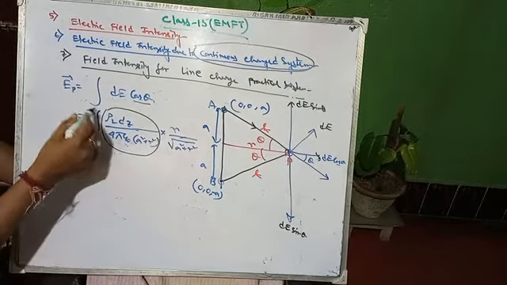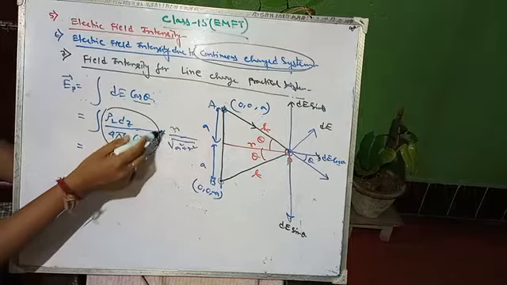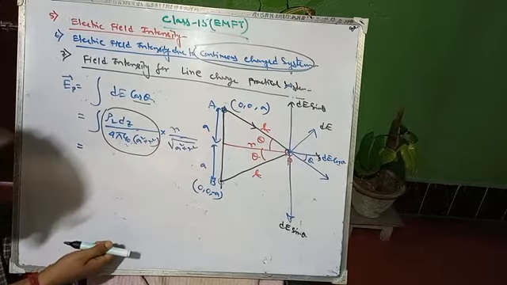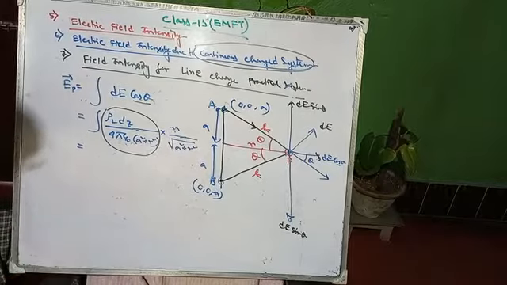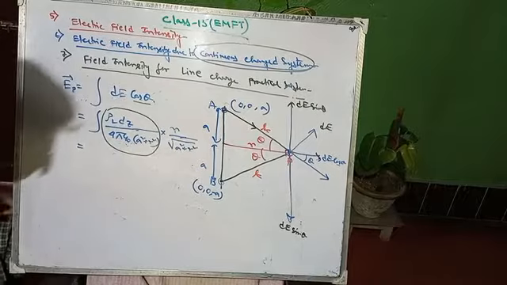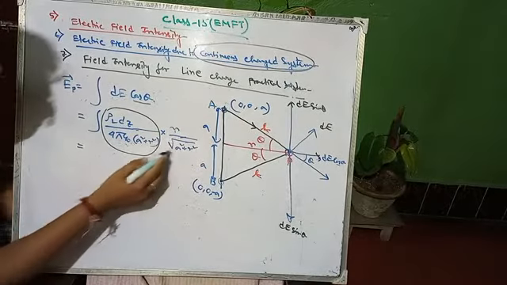The integration of rho L dz over 4 pi epsilon naught into a square plus r square, into r by root over of a square plus r square. Okay, so now we want to integrate it. See, this A means what?